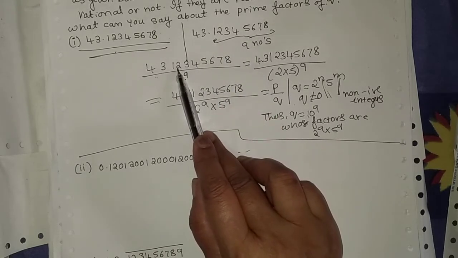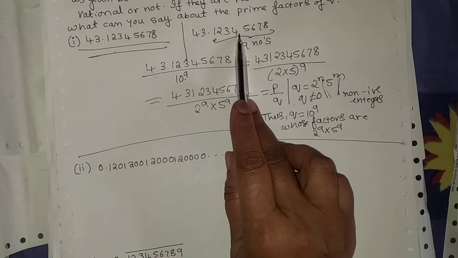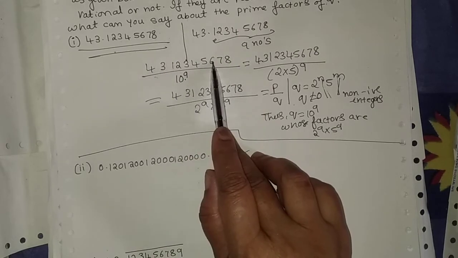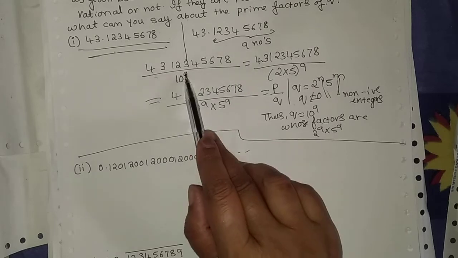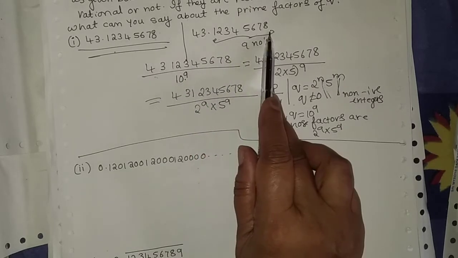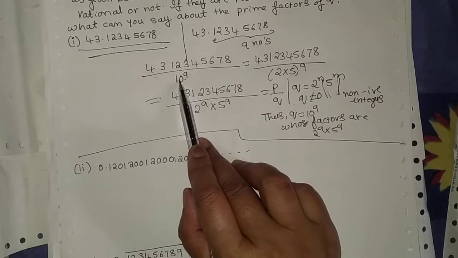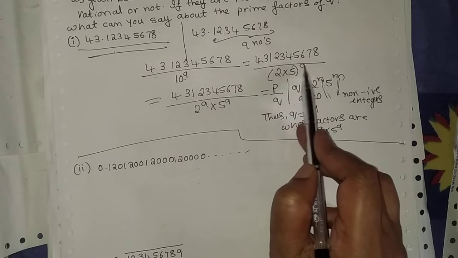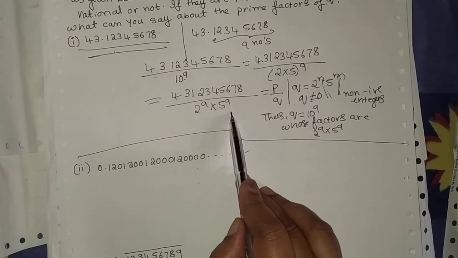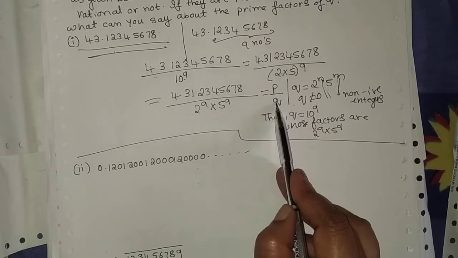Then convert the number to an integer. Then in the denominator we have 10 power 9, after shifting the decimal point. Then 10 can be written as 2 into 5, and substituting, we get the P by Q form.